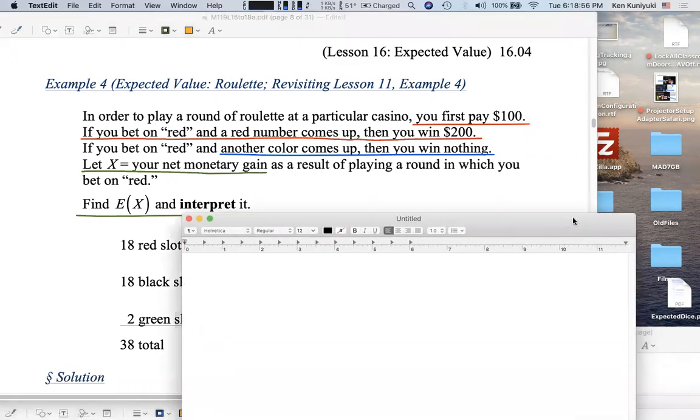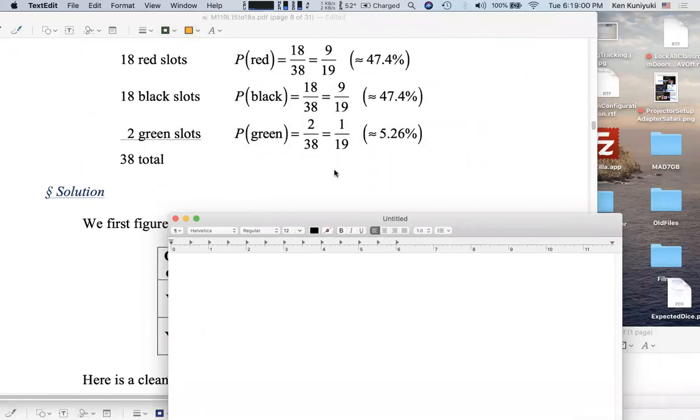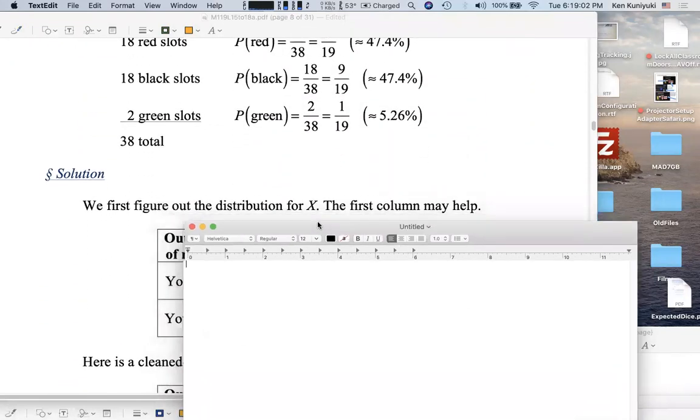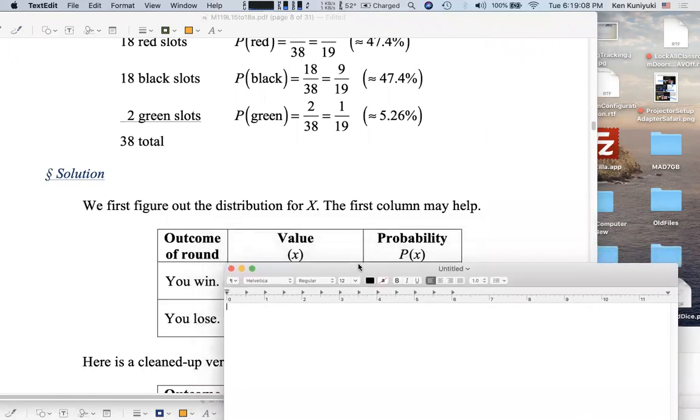So we'd like to fill out a table like this. We want to figure out the distribution table for X. So basically, you either win or lose. And I'd like you to figure out the value of X. What is your net gain if you win versus if you lose? And what is the probability that you win versus if you lose?